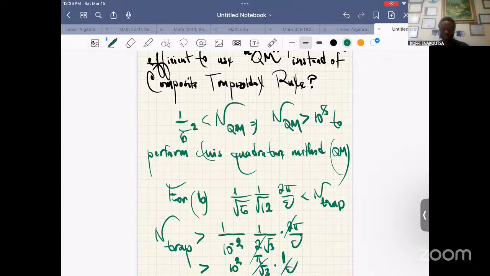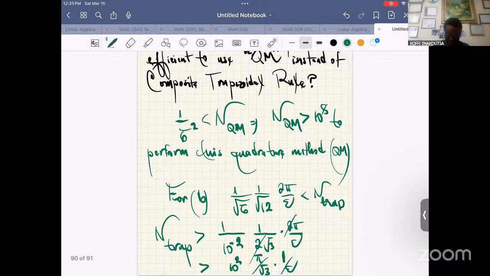But now the question is, at what value of epsilon does it become more computationally efficient to use the QM? It becomes computationally efficient to use the QM if the error generated by NTRAP is greater than the error generated by QM, right?